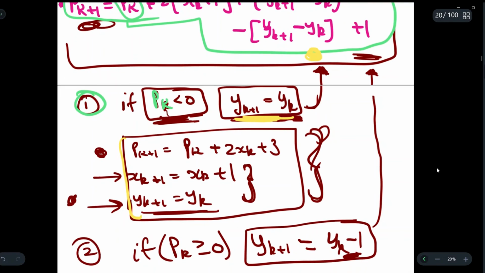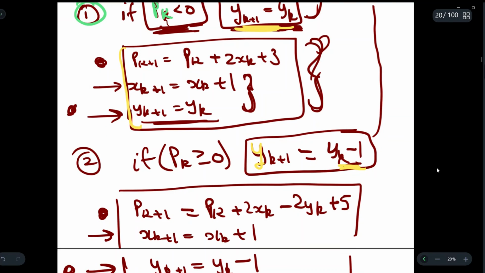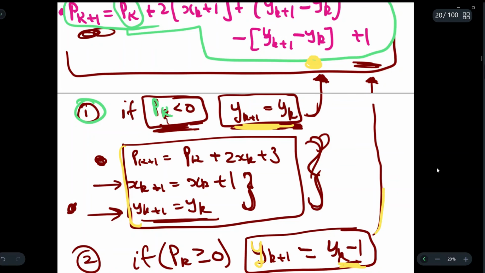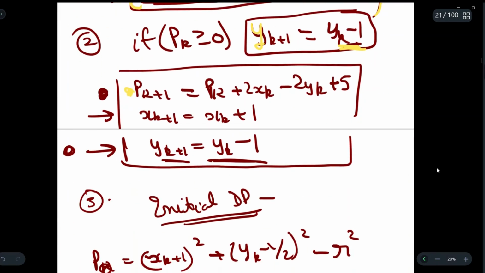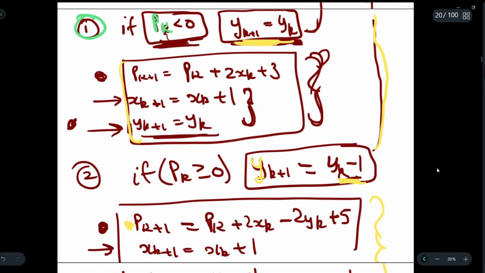And in the second case, we took the value of yk plus 1 as yk minus 1, and we will get the value of pk plus 1 by simply substituting yk plus 1 as yk minus 1 in this equation, as we did in the first case. Now we have found out these 3 formulas, and we have to simply learn it, what is the formula for pk greater than 0 and what is the formula for pk less than 0 in order to solve questions.